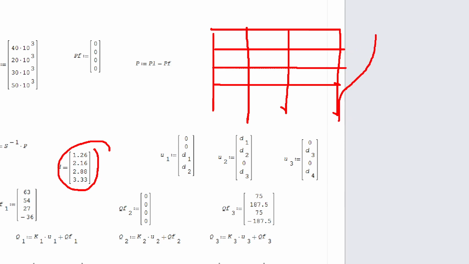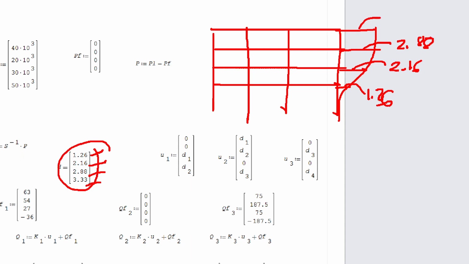The lateral sway of this is 1.26 mm. This is 2.16. This is 2.88. And this one is 3.33. Okay. So, basically, that is the result of our sway frame analysis.